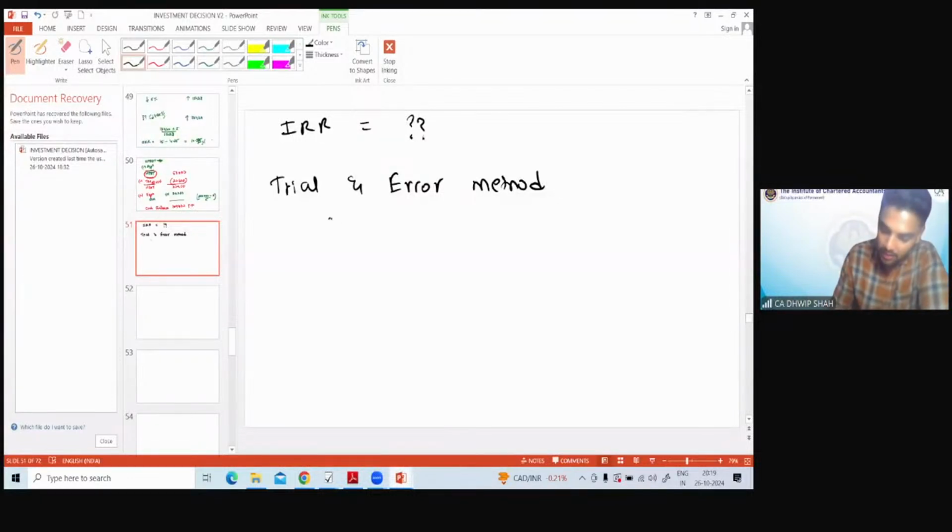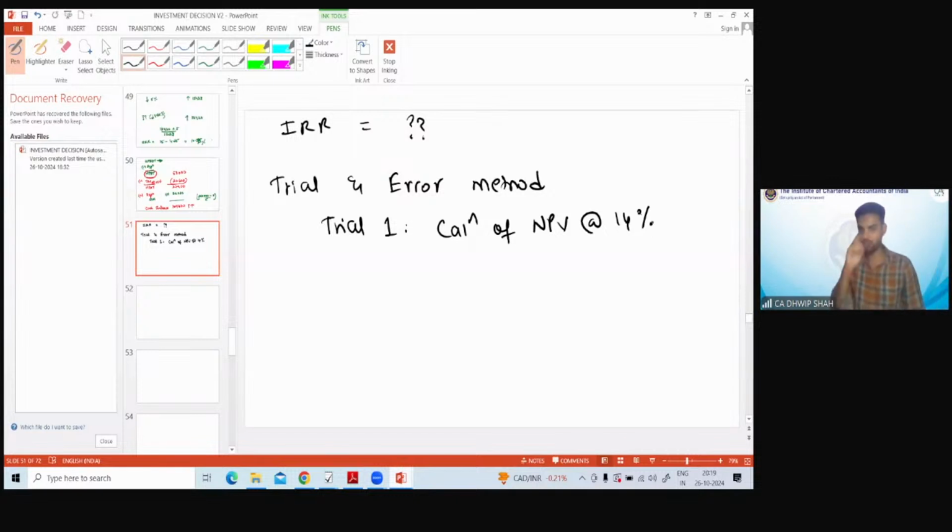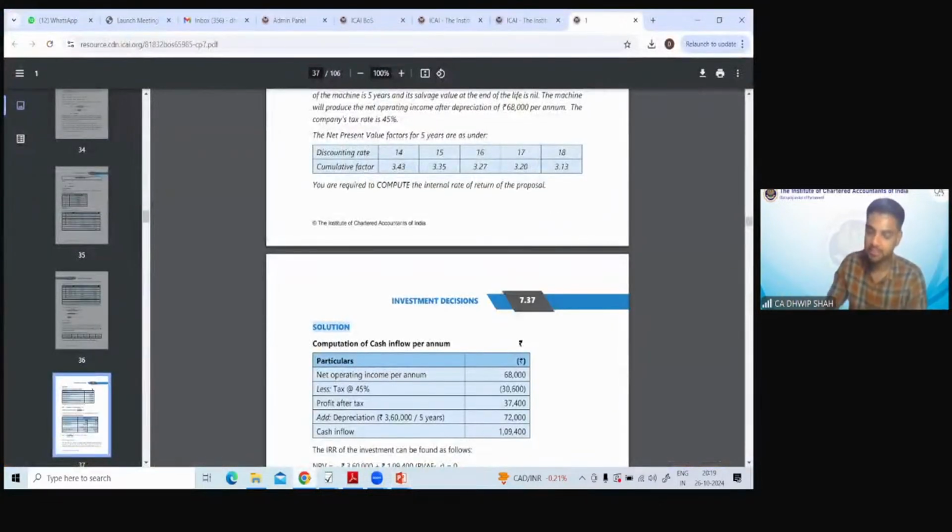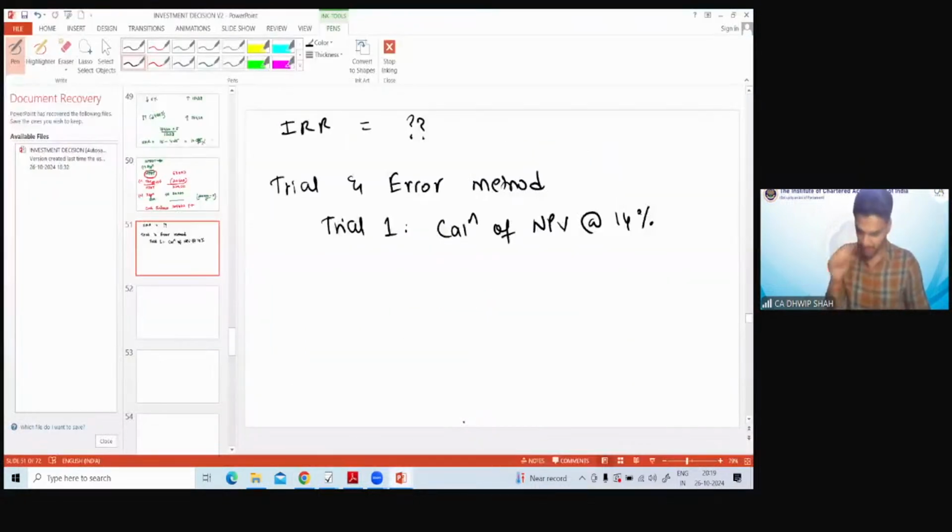Trial one is calculation of NPV at 14%. This is the hint that the question directly gives. It is somewhere between 14 to 18%. They have given discounting rates from 14 to 18, so IRR has to fall between these rates. It is sure now. Otherwise, the question would not give these rates to you. Okay? So trial one at 14%.